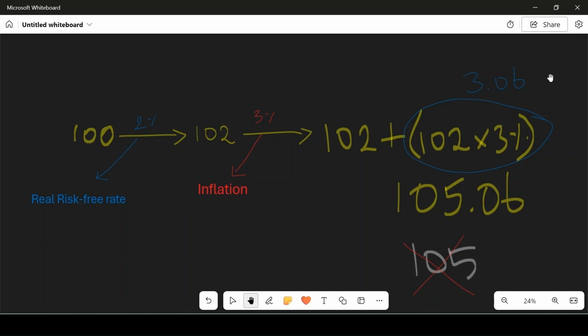So we get 3.06. If we apply inflation on 100, then we will get 3 only, so our total amount will be 105. But we should apply inflation on 102, not on this 100 rupees. That is the difference. So when we apply inflation on 102, the total amount will be 105.06. So the nominal risk-free interest rate is 5.06%.